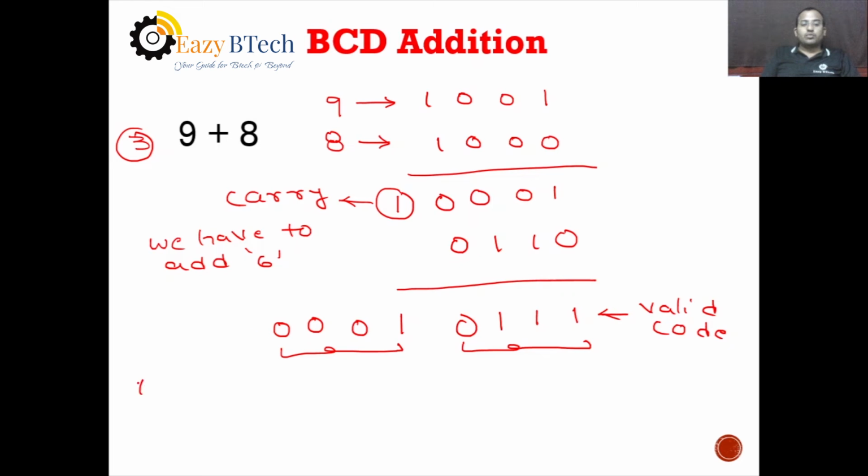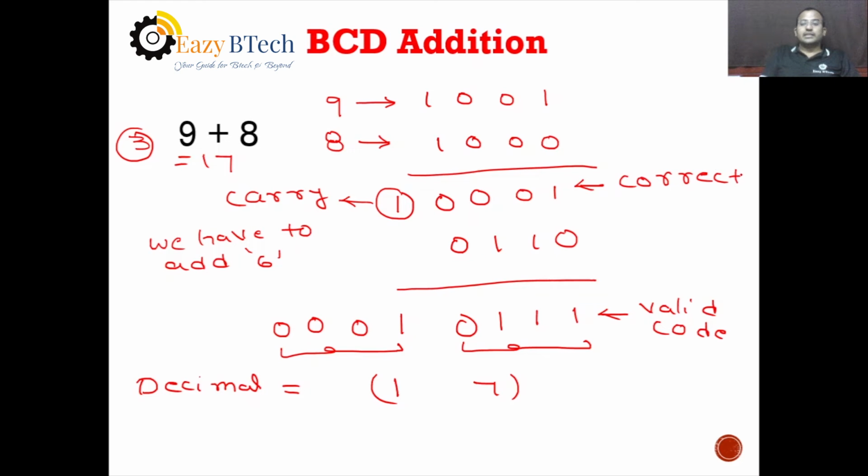What is the corresponding decimal equivalent for this BCD code? 0001 means 1, 0111 means 7. So the corresponding answer in decimal is 17. If we add 9 plus 8, we also get 17. So in the first instance, it is not a correct answer.